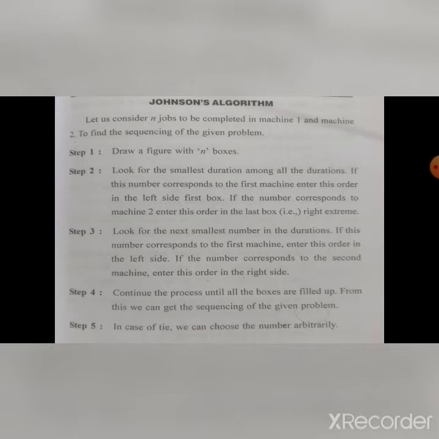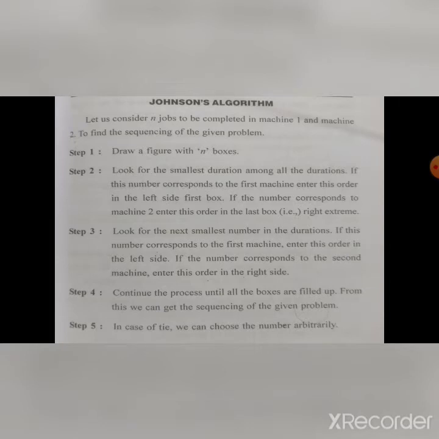So here we have to come with the process of jobs. Suppose we have jobs 1 2 3 4 5, we have to convert the order. It could be 2 3 4 and 1, or 2 3 1 4 5, it should vary. So first you have to find out that order.